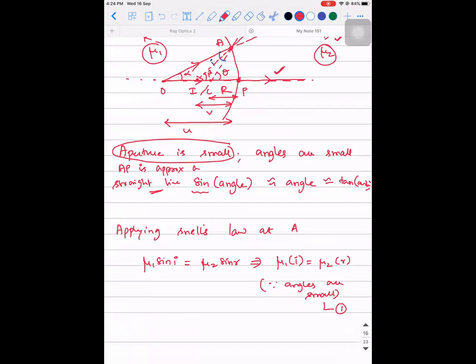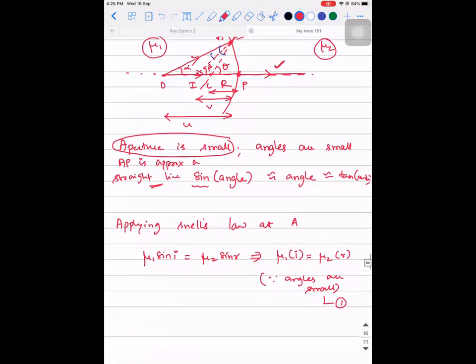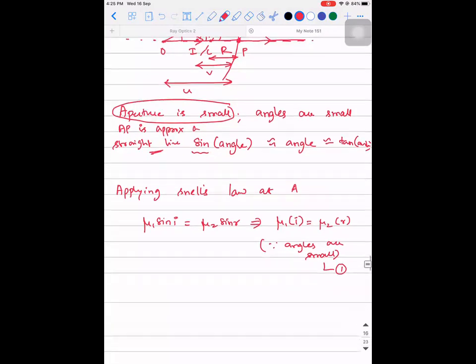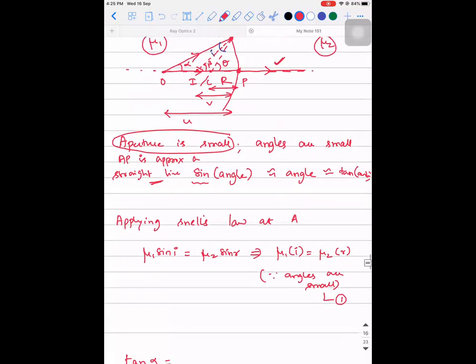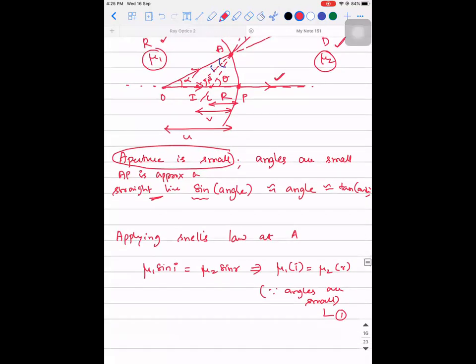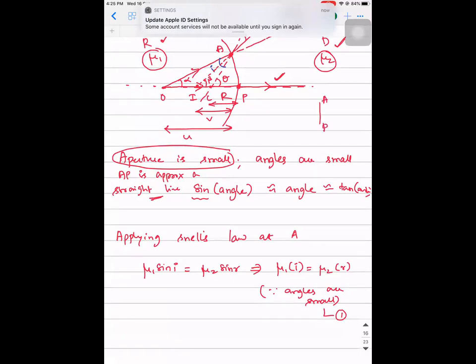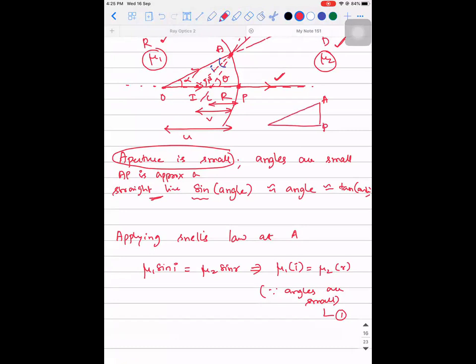Yes, sir. Now see, I'm going to consider what is tan alpha. If I take AP as a right angle triangle, what is the right angle triangle we need to consider for including angle alpha? OAP. Angle APO.